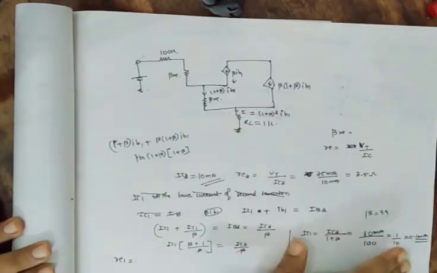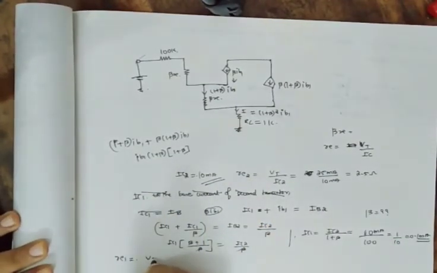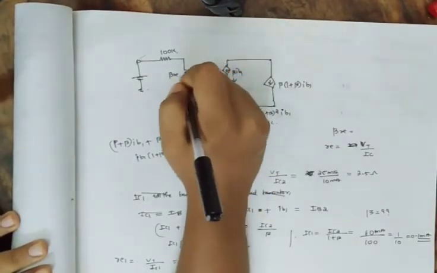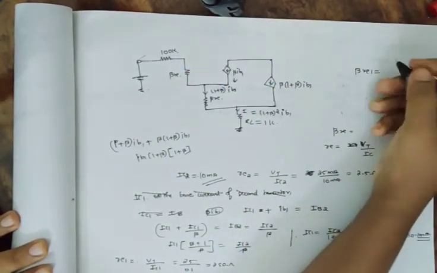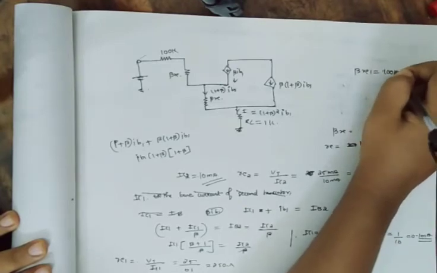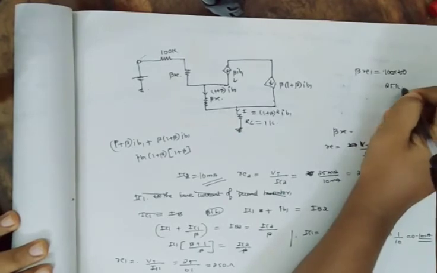So RE1 equal to VT divided by IC1. Okay, which is equal to 25 divided by 0.1, that is 250 ohm. So instead of here we can write beta into RE1 equal to 100 into 250, that is 25K.